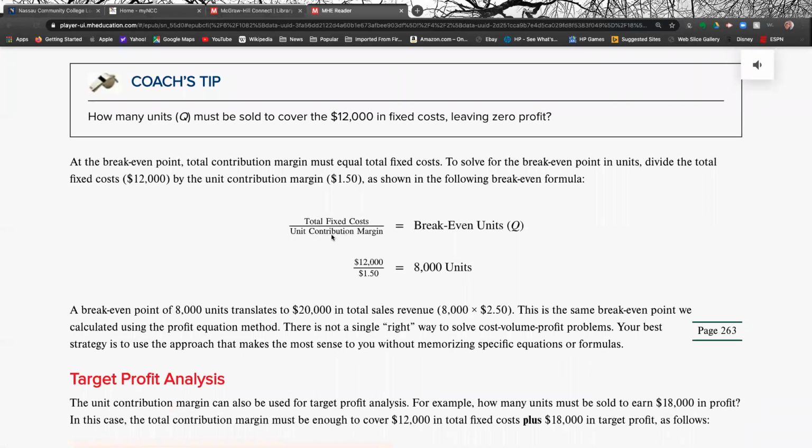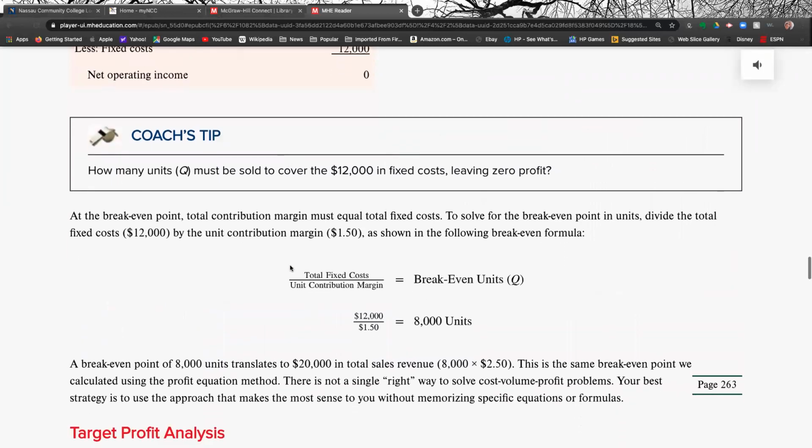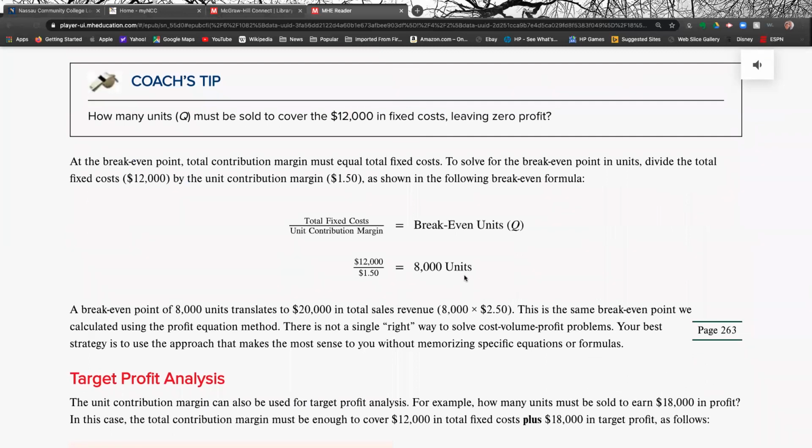So in this example, total fixed costs were $12,000 divided by $1.50, the contribution margin for 1 cup of coffee, remember? That gives you 8,000 units. You would have to sell 8,000 cups of coffee at $2.50 a piece in order to break even.